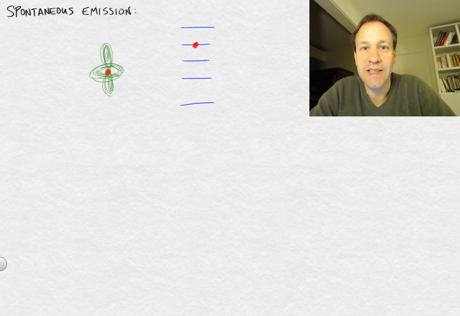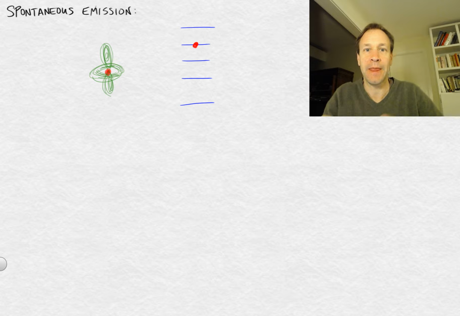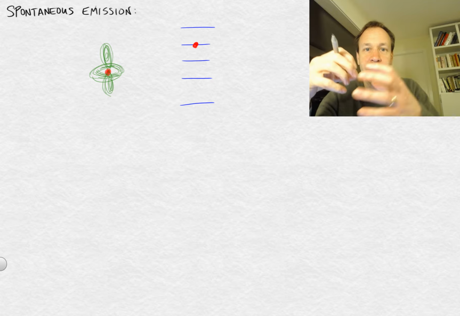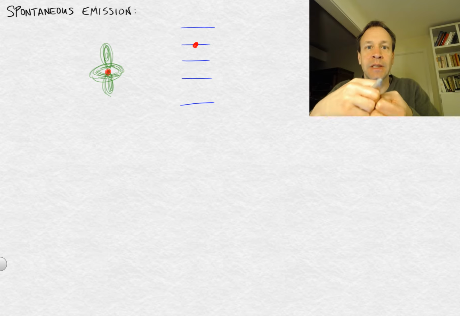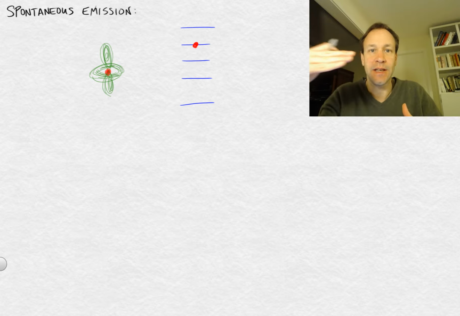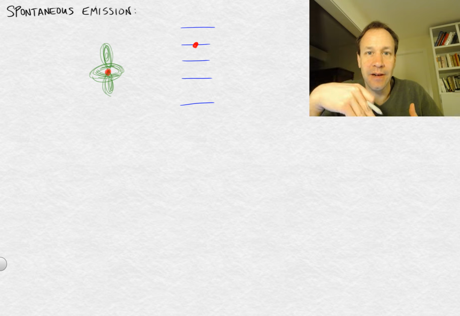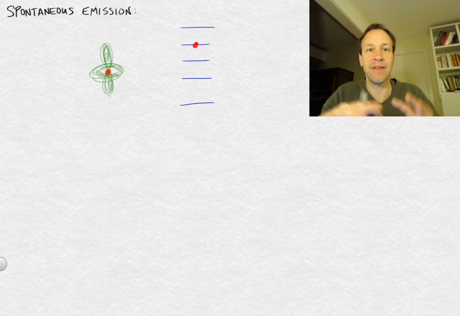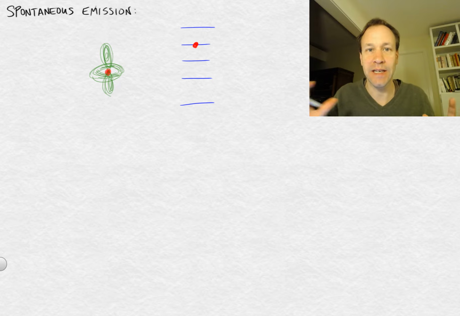Okay, so in today's videos, we're going to be talking about spontaneous emission. That's another process that you could have when there's an atom or a molecule and it's in some state that's not the ground state. This is a process that can happen even if there's no electromagnetic radiation around.